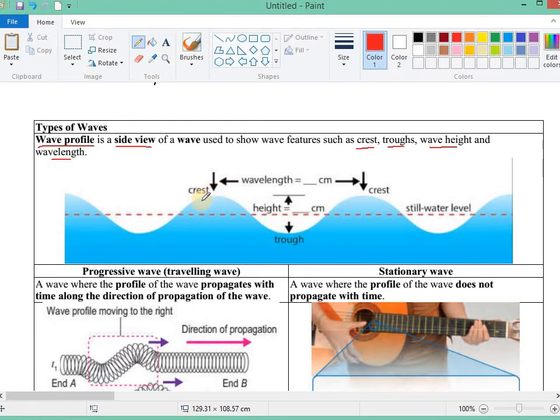So basically the wave profile is the shape of the wave. For example, this shape, up, down, this shape is what we call the wave profile. This wave profile is important because from the wave profile we can see the features of the wave. What are the features of the wave? The features of the wave are the characteristics that we can use to describe the wave. For example, how do you describe your friend?